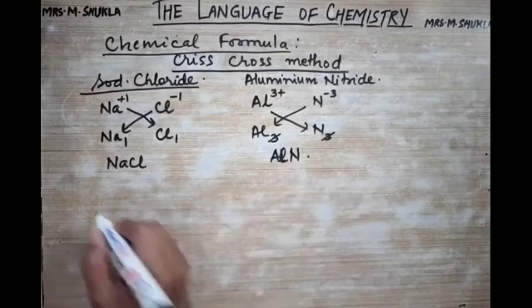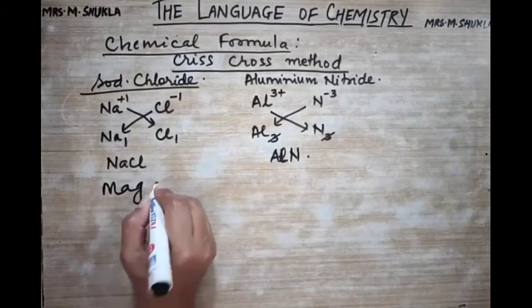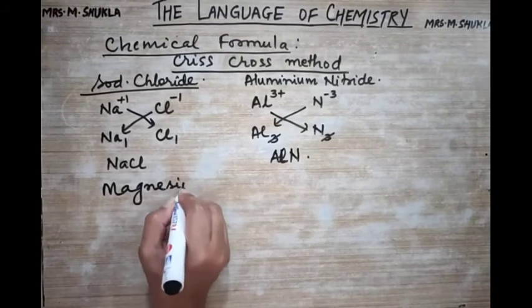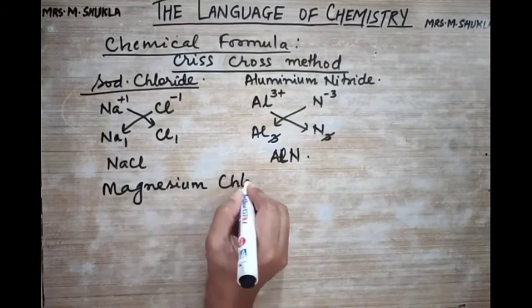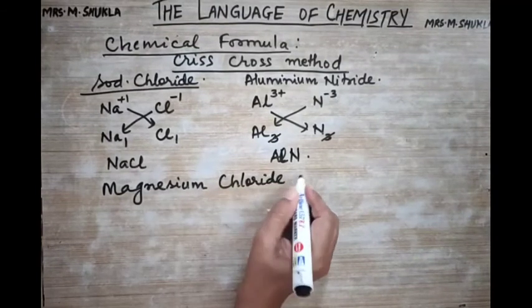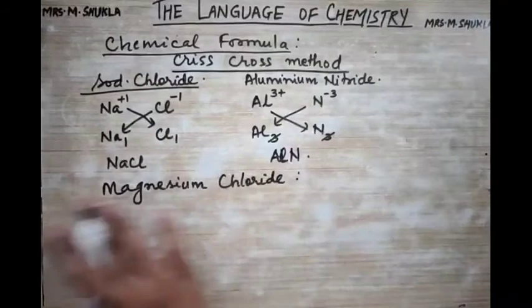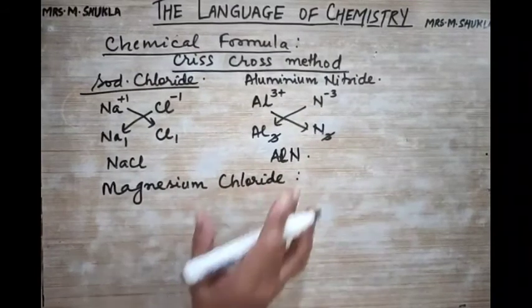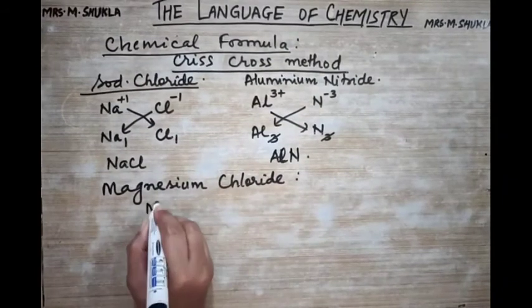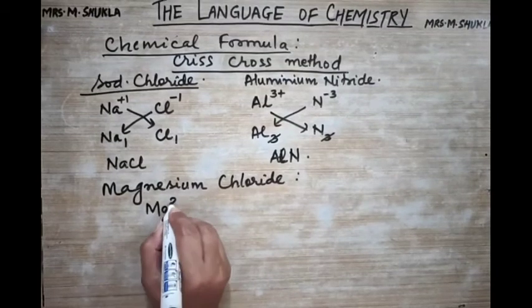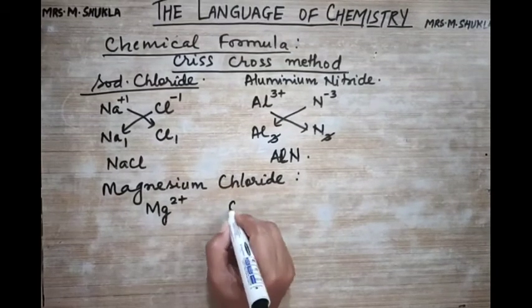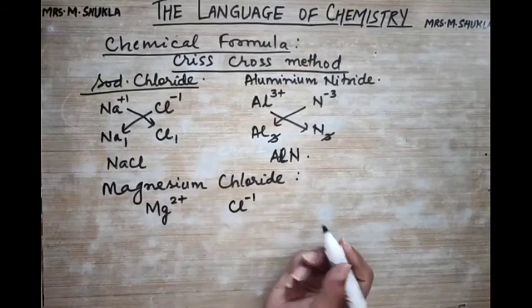Right? Let's talk about magnesium chloride. Another example. I'm going to give you several examples of different kinds. So try to understand this. It's very important. Magnesium. What is the valency? 2+. Chloride Cl minus 1.